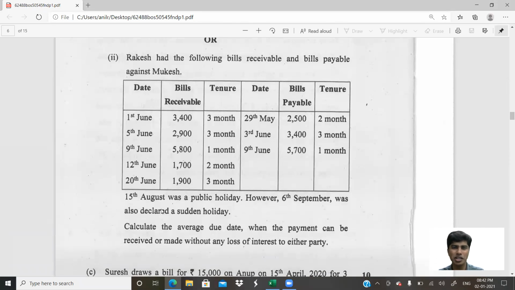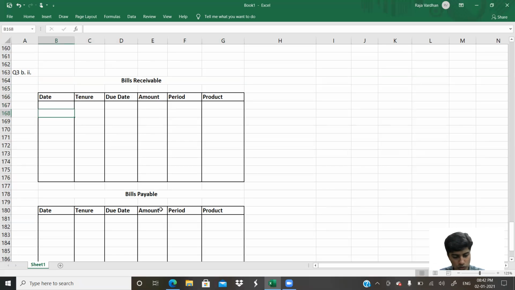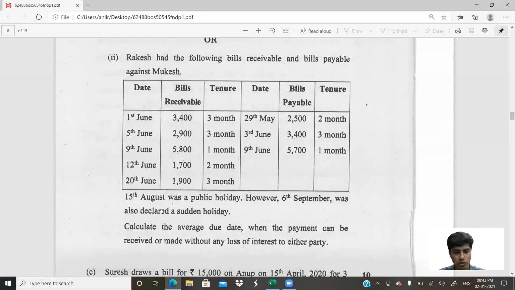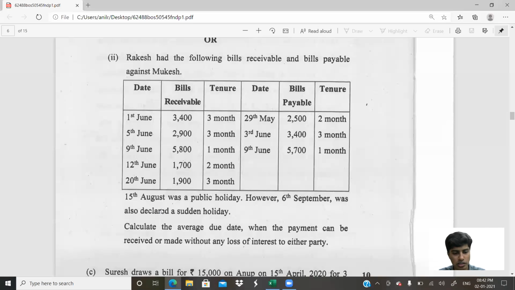1st June. I'll just put the data first. Then we'll leave this file, go to the answer sheet only and then do it. Okay. 1st June, 5th June, 9th June. Which year? They have not given the year. Okay. Next is 5th June.